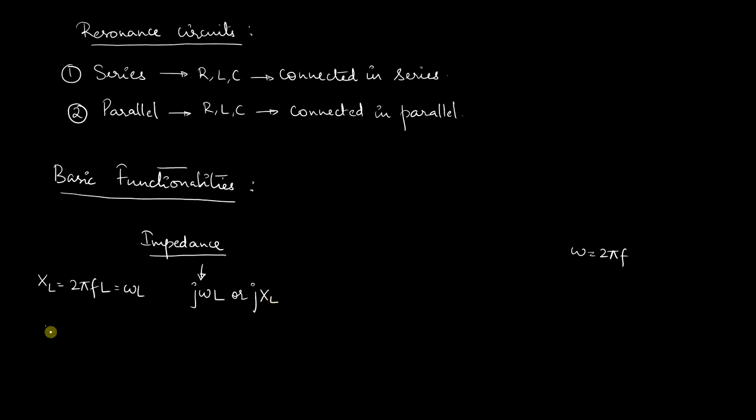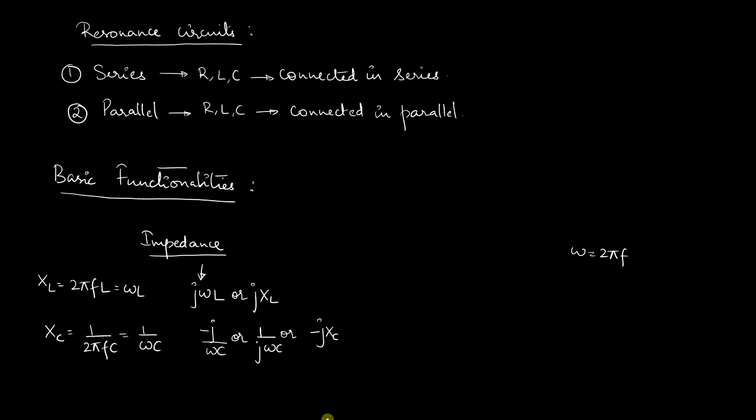Then you have the capacitor, wherein the reactance is given by 1 by 2 pi f C. I can write this as 1 by omega C. And the impedance can be written as minus j by omega C or 1 by j omega C. And I can write this in terms of the reactance as minus jXC.